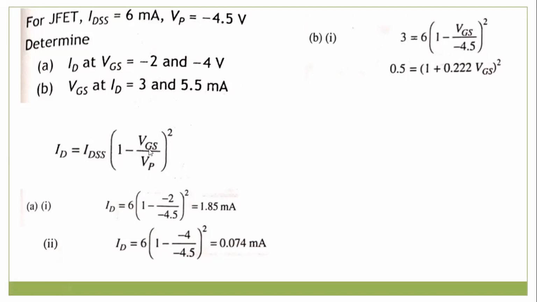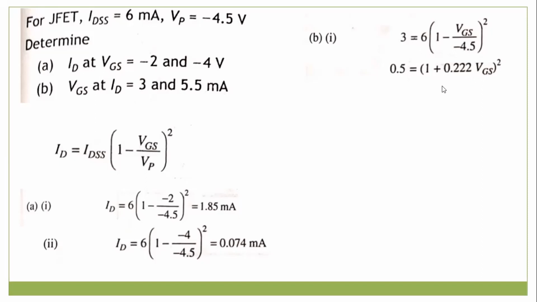After that, we know that the VGS value is to be calculated, and we have the VP value of -4.5. If I simplify this equation, I'll get an expression like (1 plus 0.222 VGS) whole square is equal to 0.5.